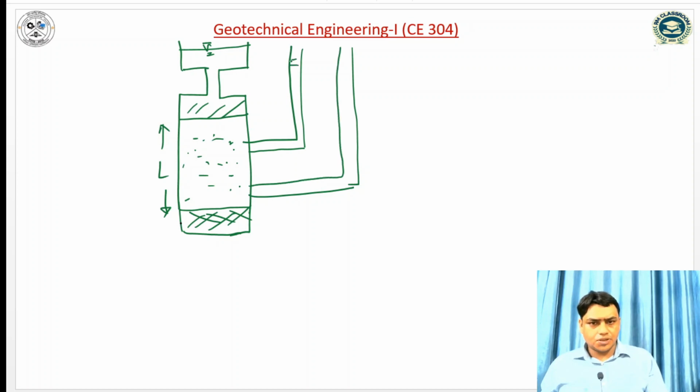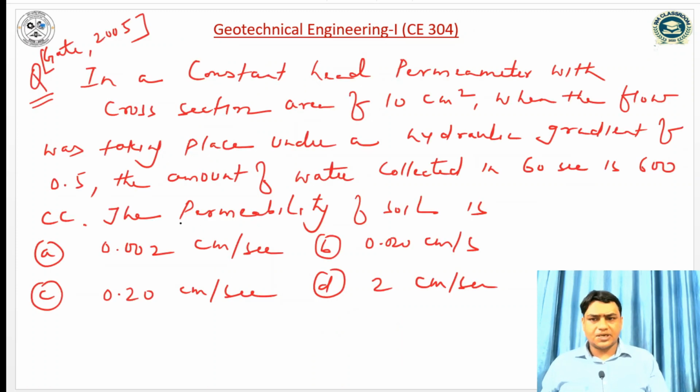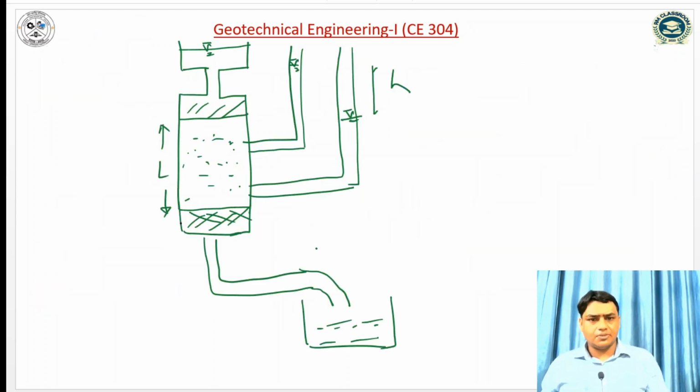So let us assume this is the water level, this is the change in heads, and water is collected. So how much water is collected? 600 cubic centimeter.